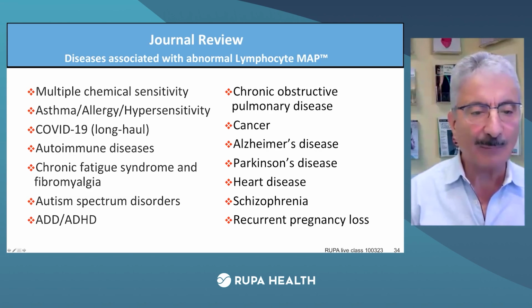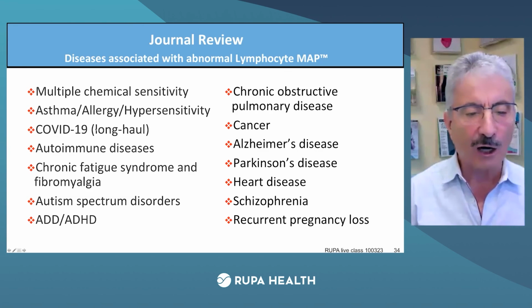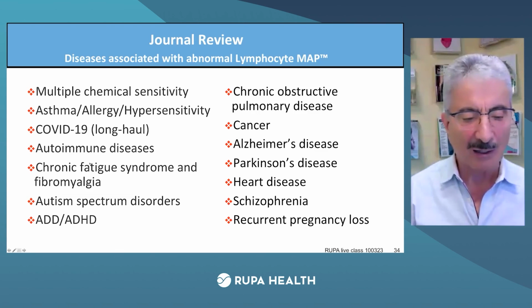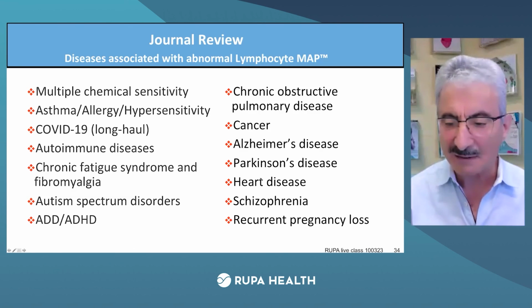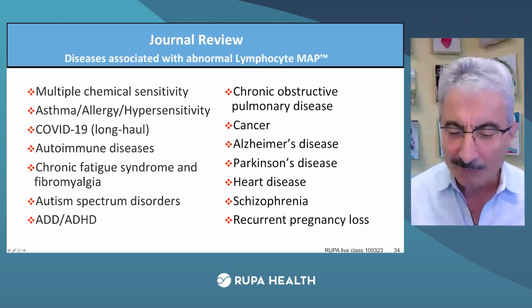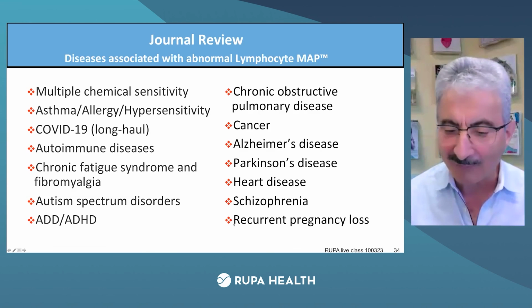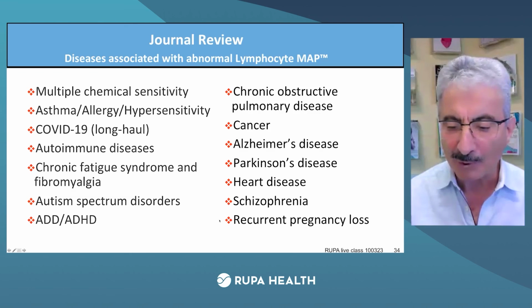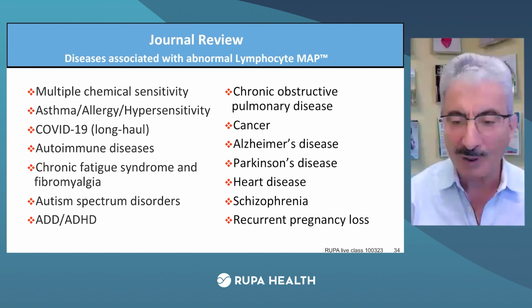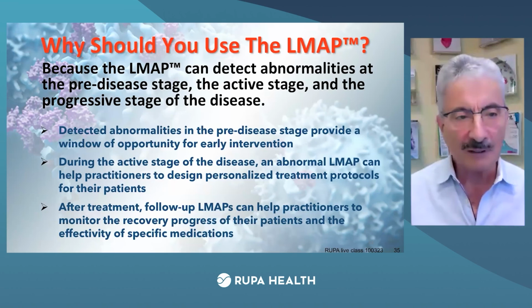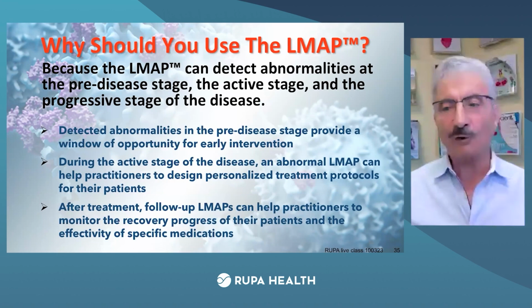First of all, multiple chemical sensitivity, allergies and hypersensitivity, long COVID, autoimmune diseases, chronic fatigue, fibromyalgia, autism spectrum disorders, COPD, cancer, Alzheimer's disease, Parkinson's disease, heart disease, schizophrenia, and especially in the case of the NK subpopulation, recurrent pregnancy loss. That's why I recommend comprehensive lymphocyte immunophenotyping.